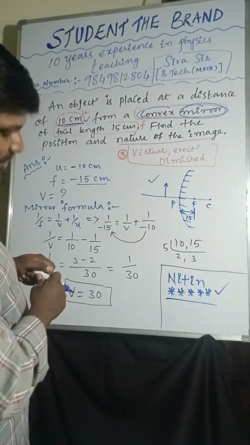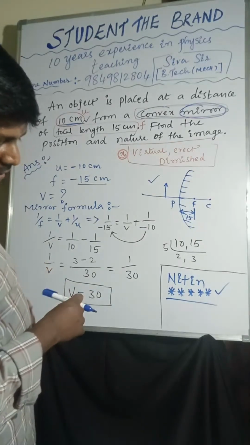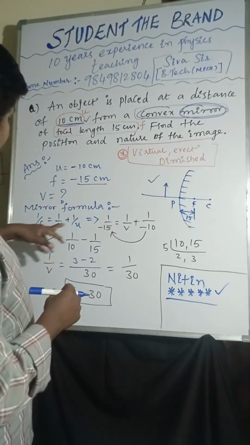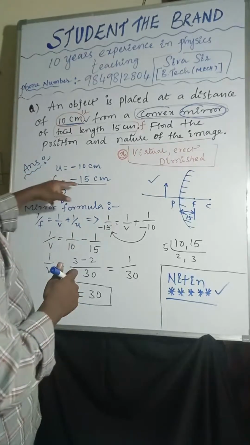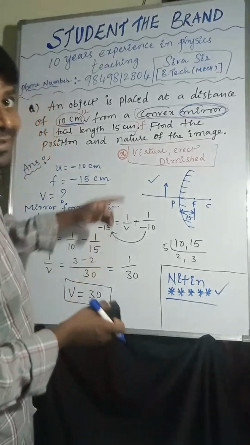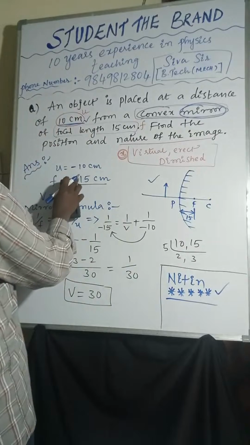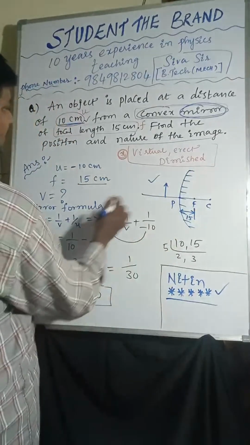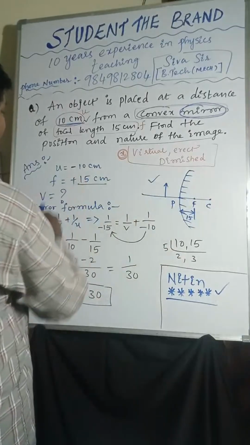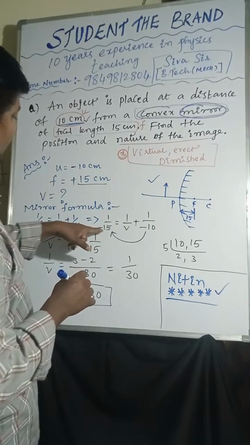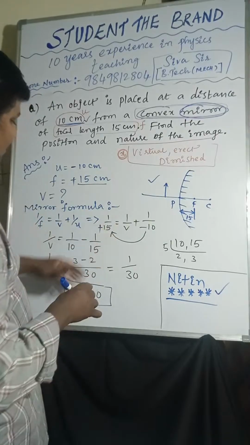We need the 1 by v value. Here focal length is positive. For a convex mirror, focal length is positive, right? That one we missed. That's why I'm saying here you have to write 15.